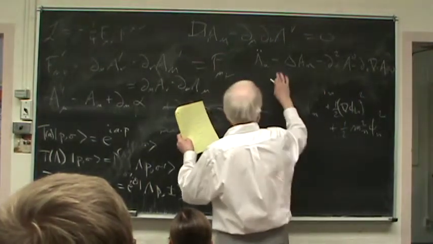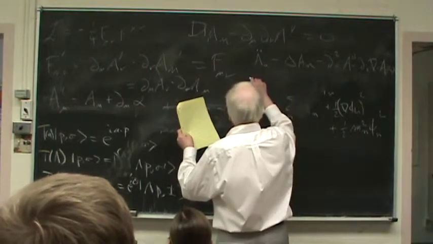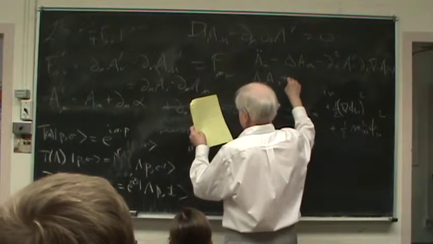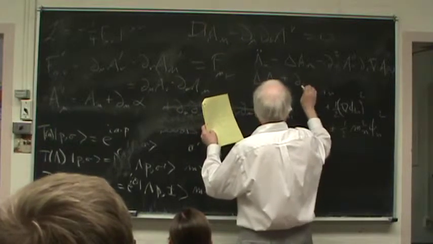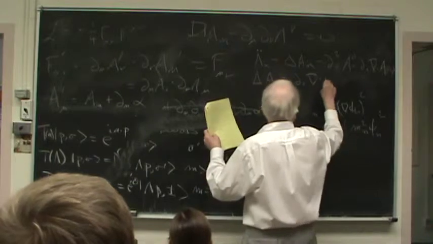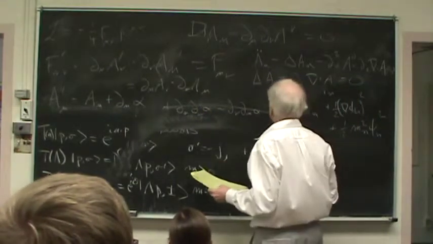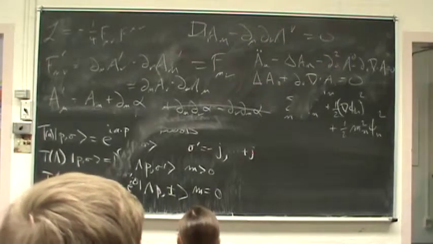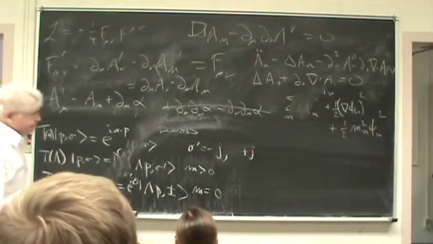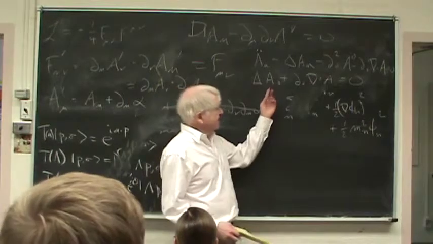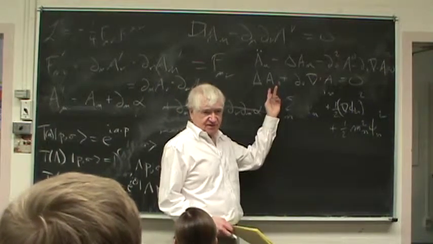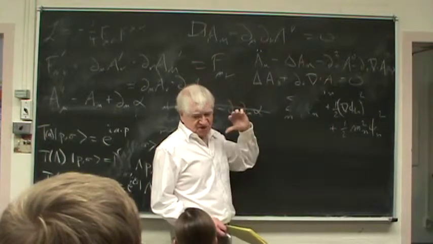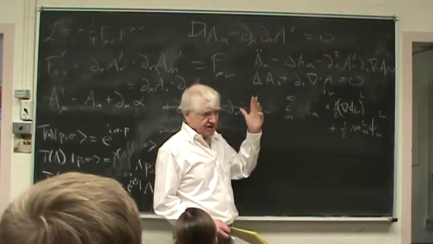Well, the second derivative term cancels, and what we have is simply Laplacian of A_0 plus ∂_0 of del dot A equals 0. This is a constraint, and it's a constraint known as Gauss's law. It's a constraint because there aren't any second time derivatives. So it's just basically a relation between velocity and position, and that's a constraint.